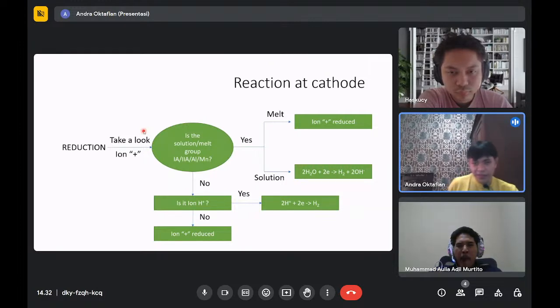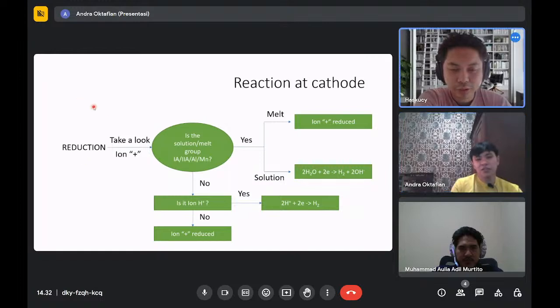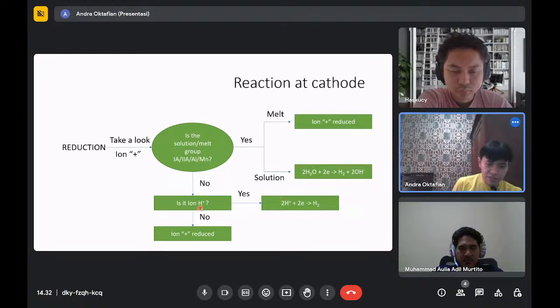If it is a melt, just reduce the ion plus. If the answer is solution, put in the equations for the reduction at the cathode. If the answer is no, there is a further question: is that ion H plus? If the answer is no, just reduce the ion plus. If the answer is yes, put these equations into the reduction.